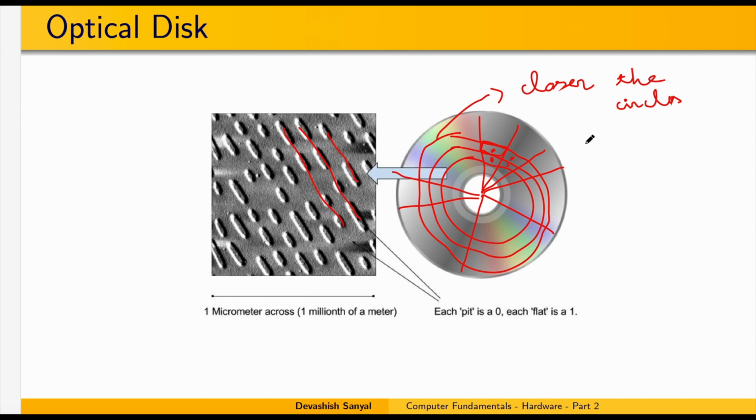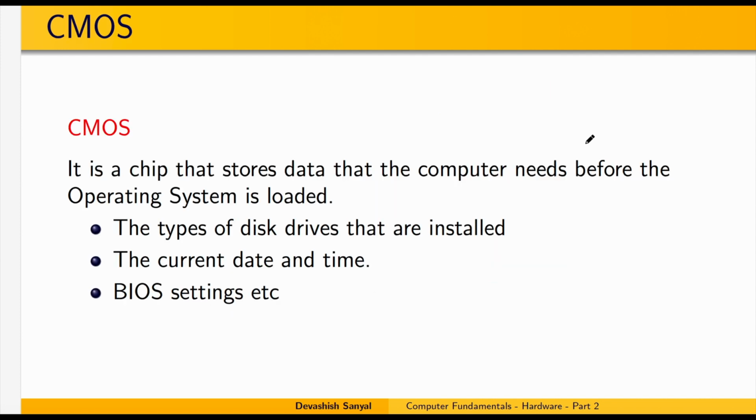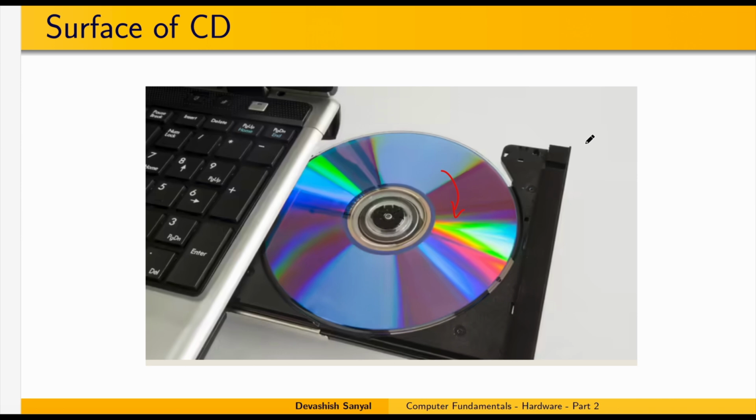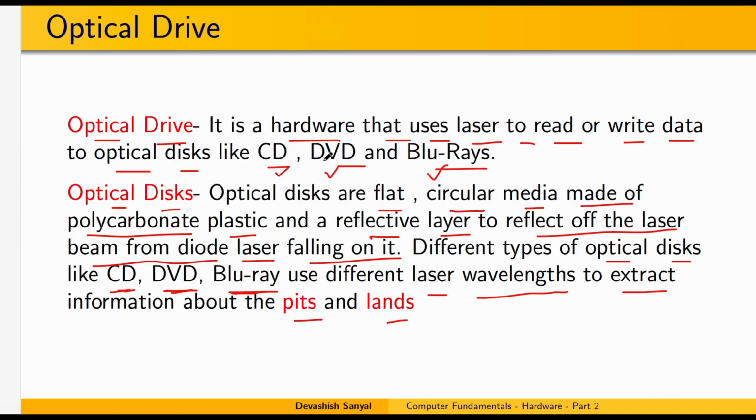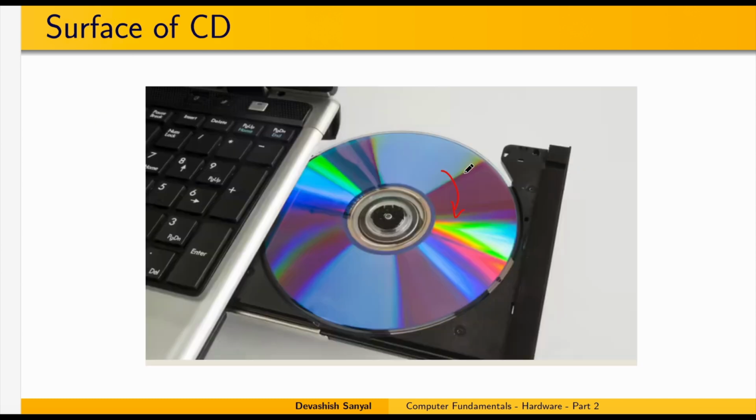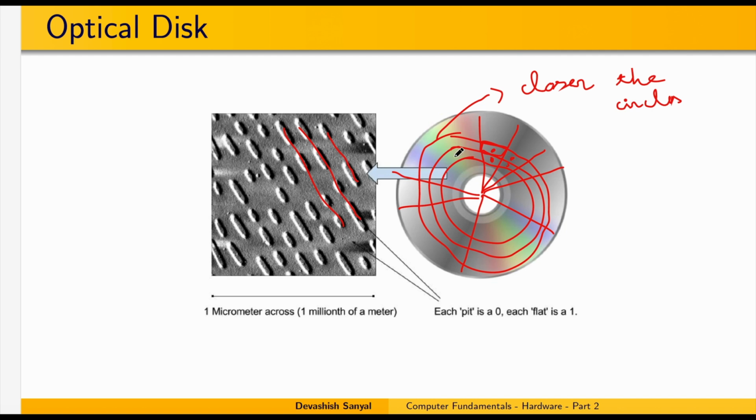So this is what differentiates your disks. In a CD, these circles are slightly widely apart. In a DVD, these circles are closer, and in Blu-rays they are very close. So in Blu-ray, these concentric circles are very close.